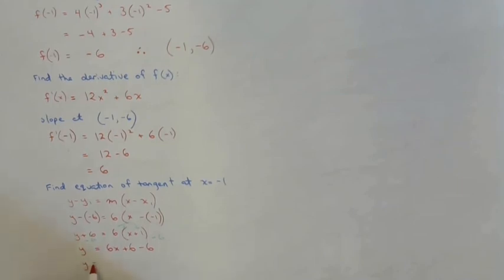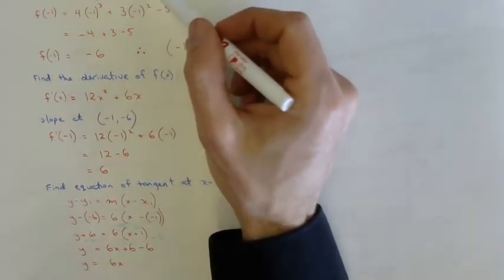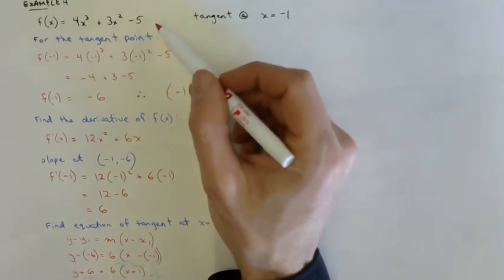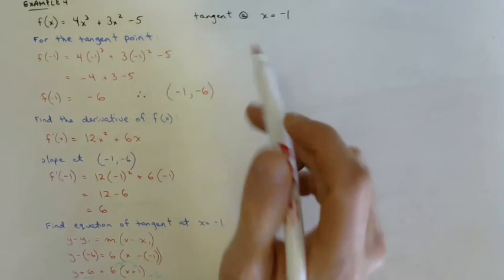And that leaves us with y equals 6x, and that's it. Y equals 6x. That is the equation of the tangent line on the curve 4x cubed plus 3x squared minus 5, at the point x equals -1, or -1, -6.